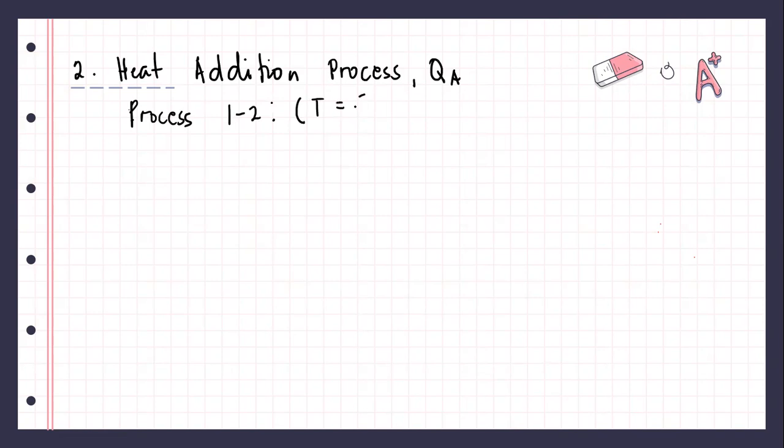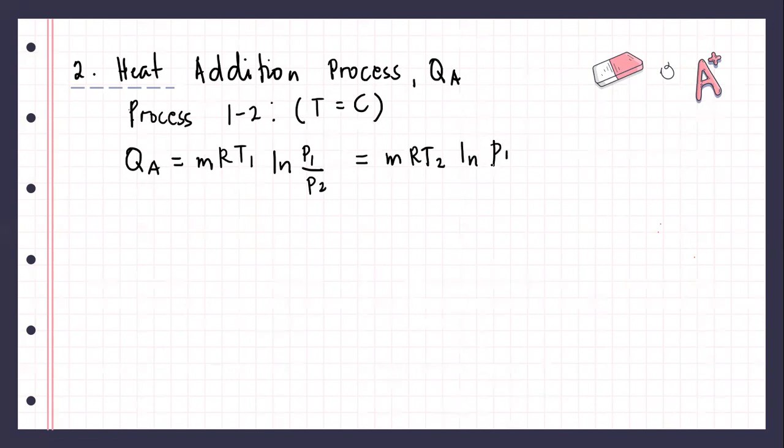Temperature is constant. Heat added is equal to MRT1 ln P1 over P2, or that is also equal to MRT2 ln P1 over P2.